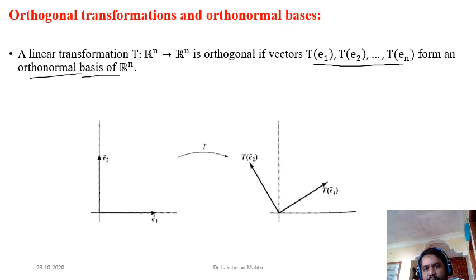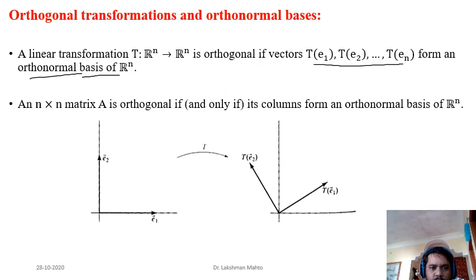Just find the images of the standard basis elements, and if those images happen to be an orthonormal set of n vectors, then they will definitely be linearly independent, and hence form a basis of Rn. So you get an orthonormal basis of Rn. Then we can say that the given transformation is an orthogonal transformation. One example, a geometrical visualization, you can see here.